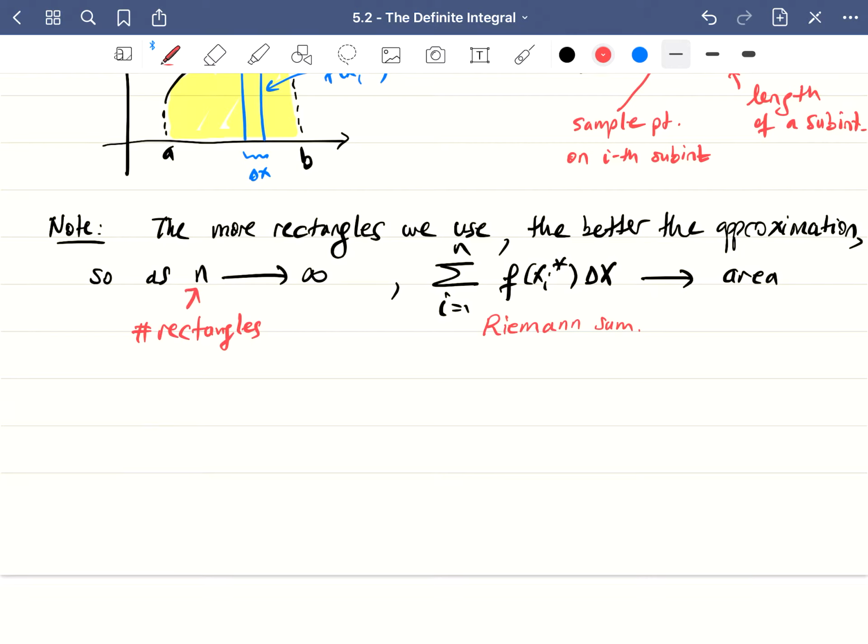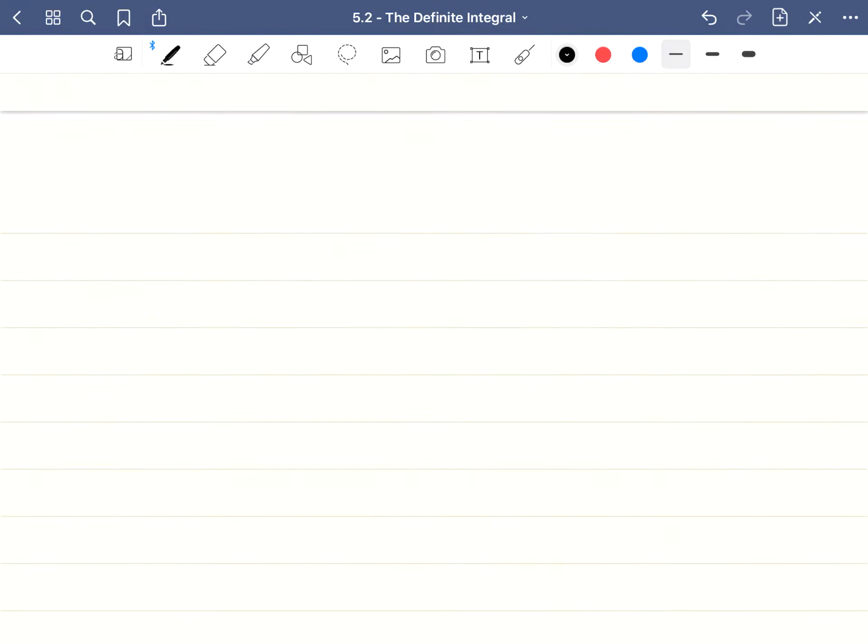So now let's define the definite integral. Alright, so let me start with the definition now.